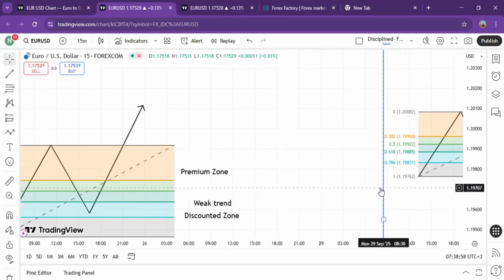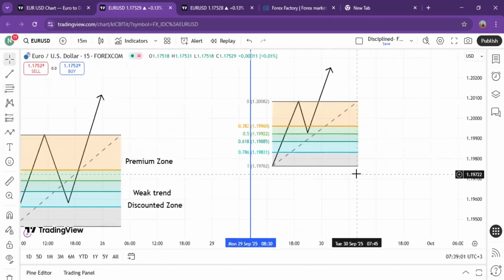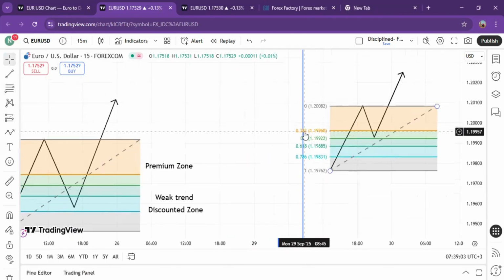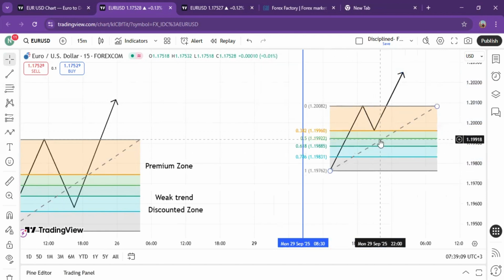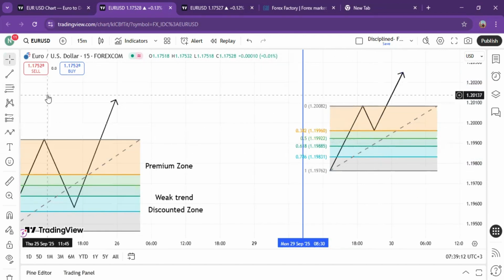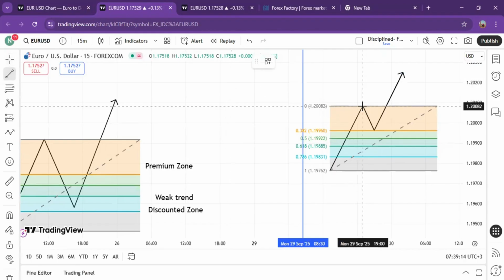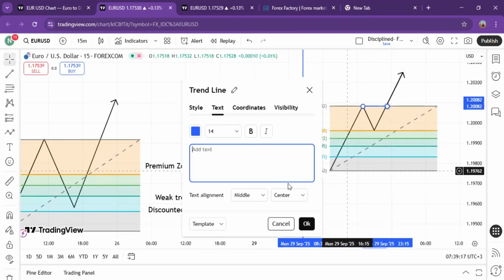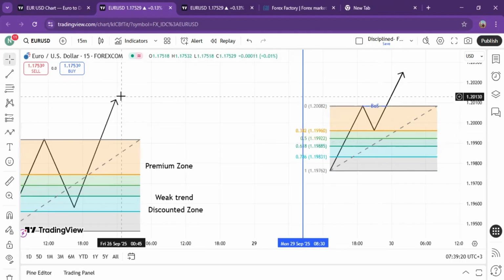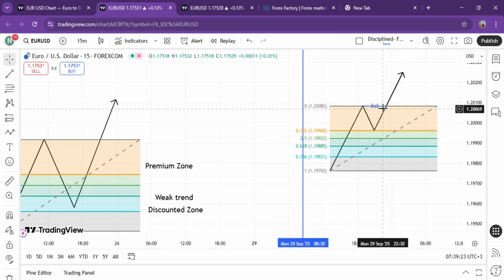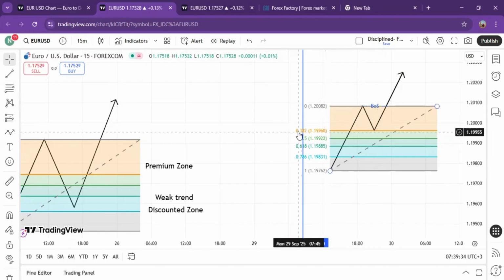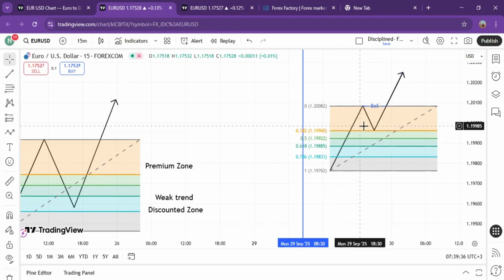But one thing, for us to say that this is a pullback, it must reach the 0.382 level. So when the market taps on this, then we have a valid break of structure. That is now a retracement. I know that most people never knew this: to consider a valid break of structure, you usually check if the market had retraced up to the 0.382 level.